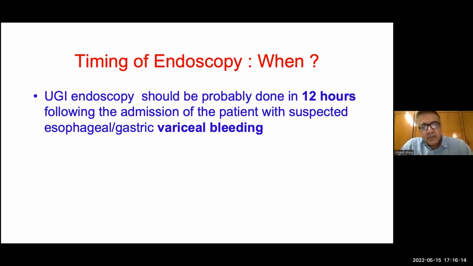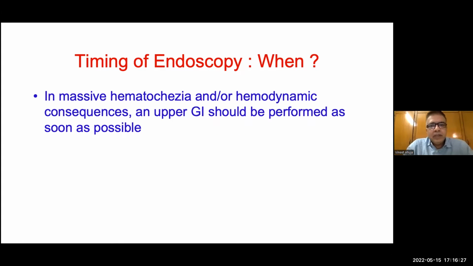However, if the patient has variceal bleed, then you may do it within 12 hours, because the outcomes are better when you do it within 12 hours in a patient suspected to have esophageal or gastric variceal bleed. If the patient has massive bleed, hematochezia is written wrongly out here.